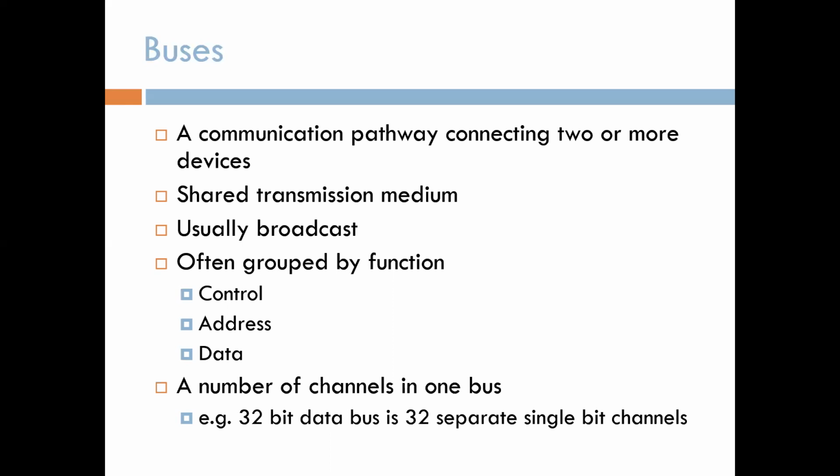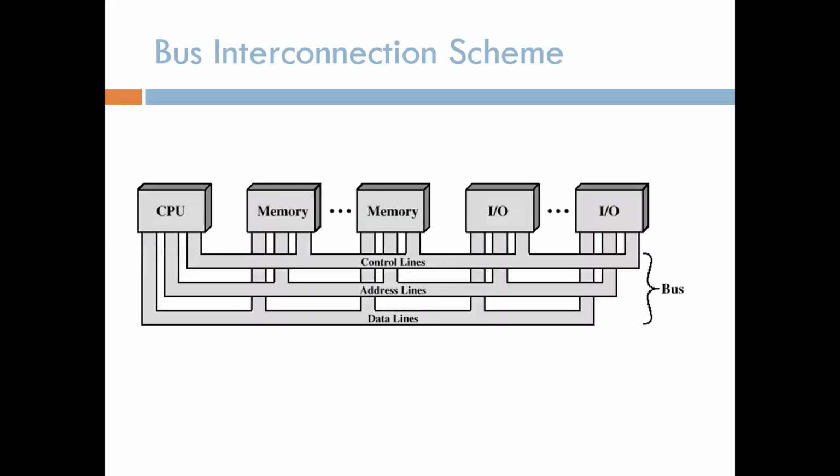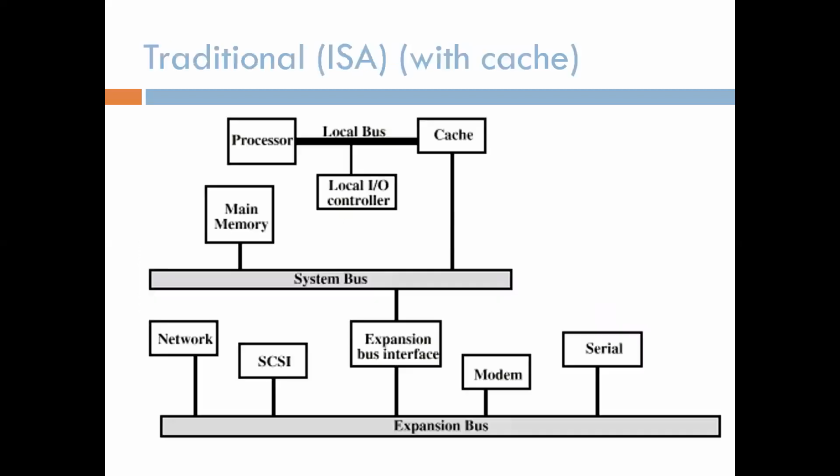As you can clearly imagine, a CPU would have multiple lines coming in for control, addressing, and data, and it would be connected to memory devices and input-output devices. Maybe there's a different type of structure, or a hierarchy of bus structure that may exist.